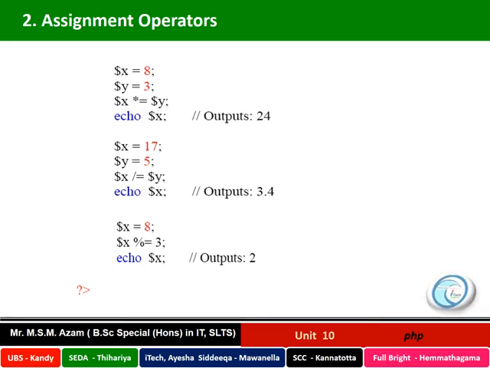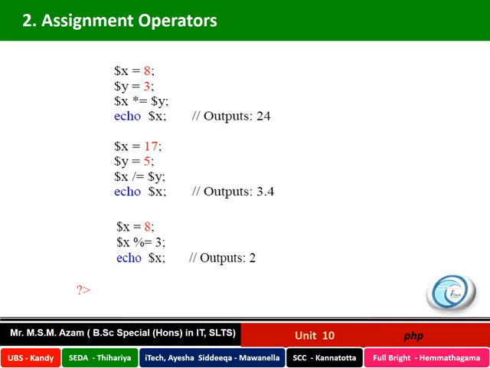Then x value taken as 17, y value taken as 5. There I say $x divided by equal sign $y. That means we have to find the new x value by dividing the previous x value 17 by 5. That's equal 3.4. Then the last one, x value taken as 8.